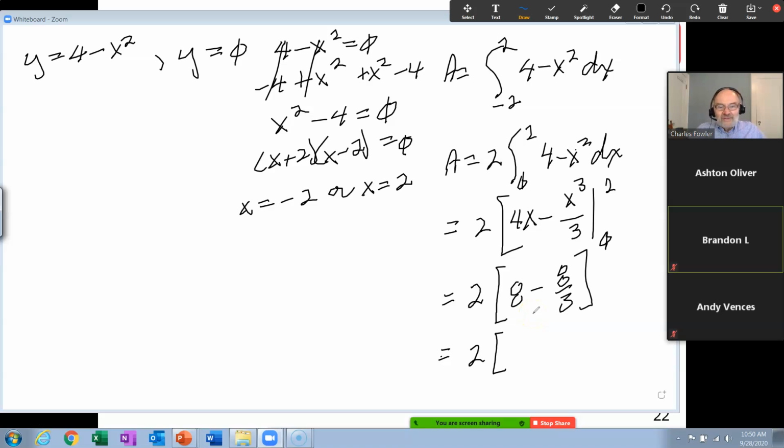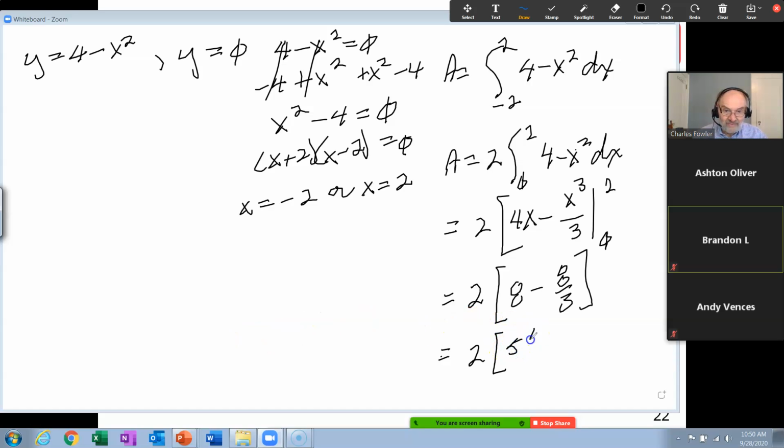Now, you can do this any way you want to. 8 thirds is the same as 2 and 2 thirds. If you subtract a 2 from 8, you get 6, but then subtract another 2 thirds from it, you get 5 and a third. So you could write that as 5 and a third.